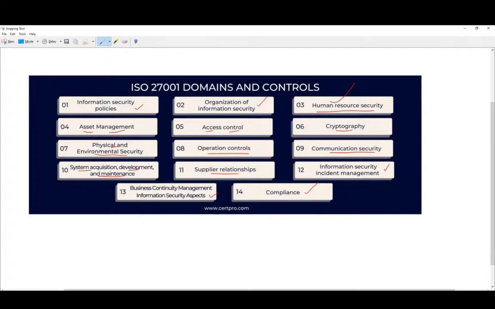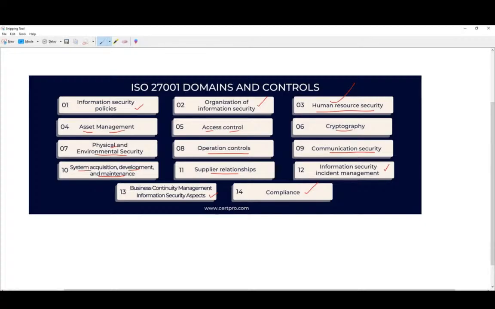Human resource is also important because we have a division concerned about information security. Asset, yes. Access control is the most important one. And in a few years we will implement identity access management.